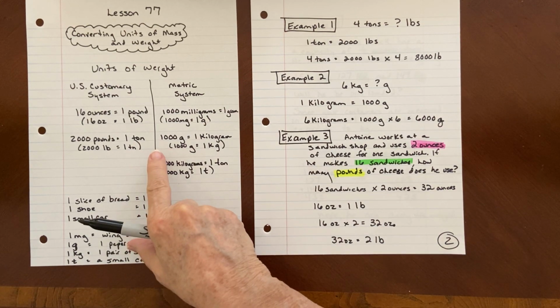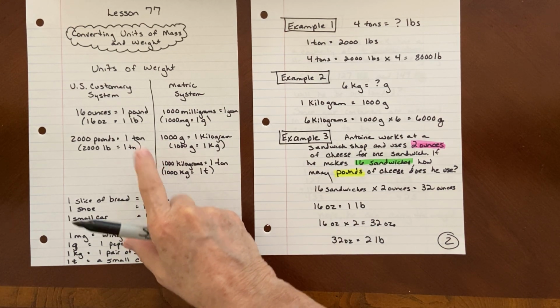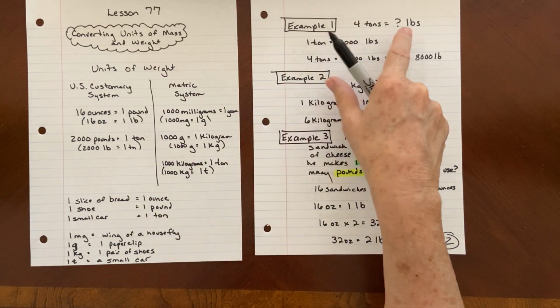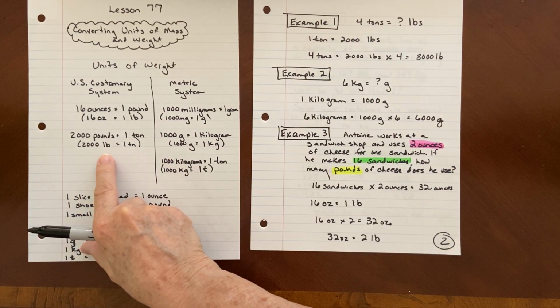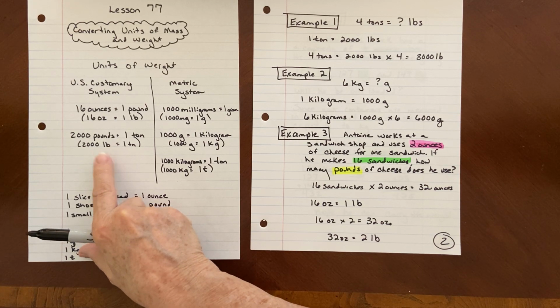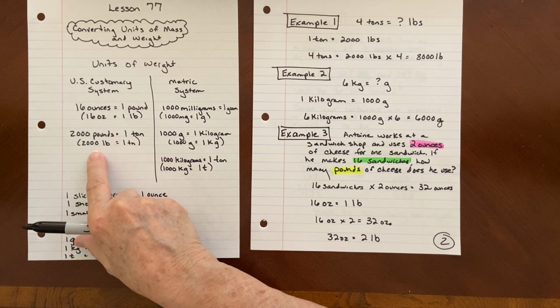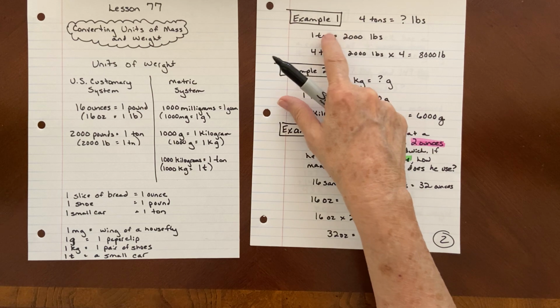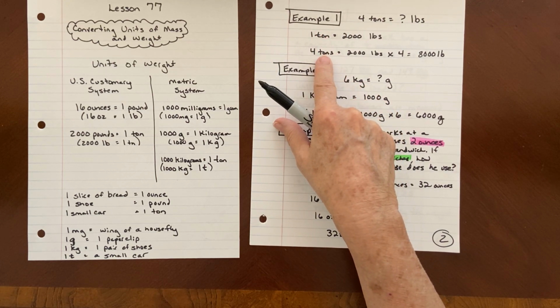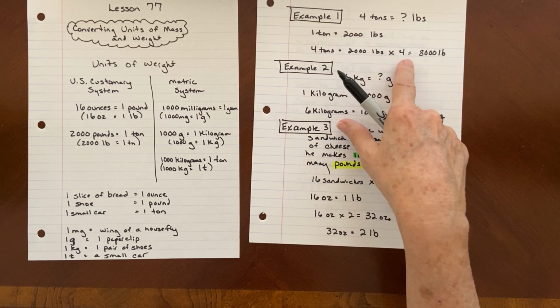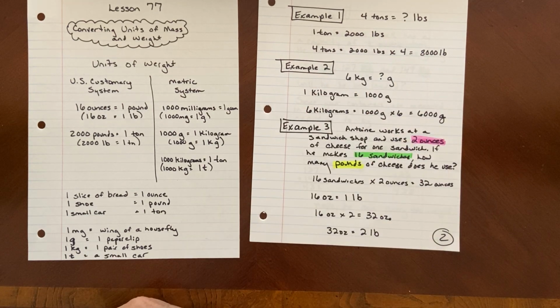So if I look over here on my chart, and they didn't say metric tons, and they're talking about pounds, so I know I'm going to use the U.S. customary system. I know that 1 ton is 2,000 pounds. So 4 tons, 1 ton times 4 is 4 tons. So 2,000 times 4 is 8,000 pounds, right?